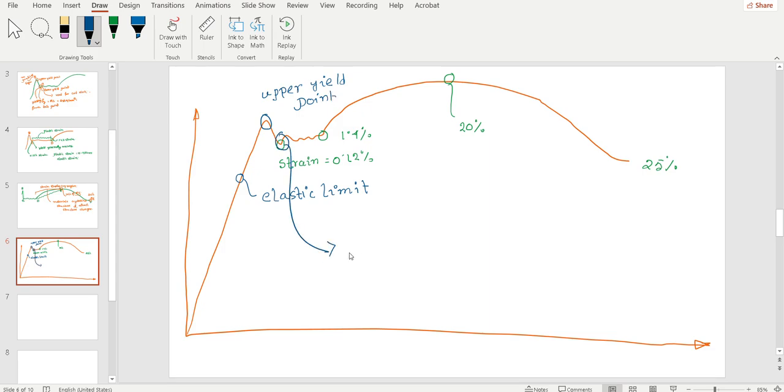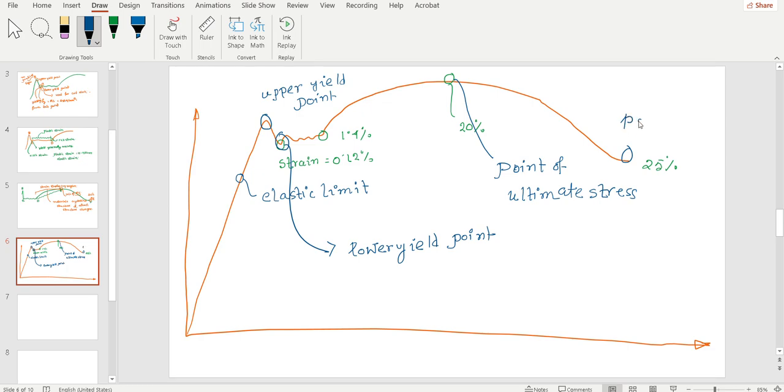This point is called the lower yield point. This is the point of fracture.